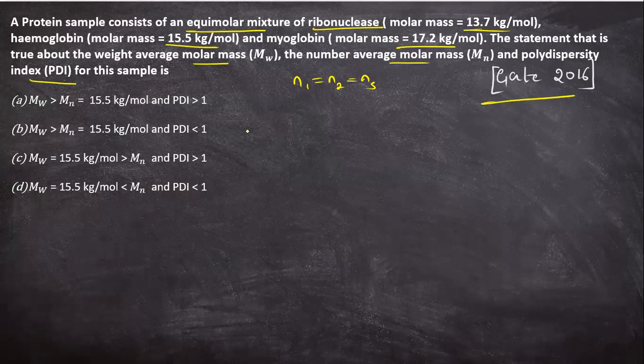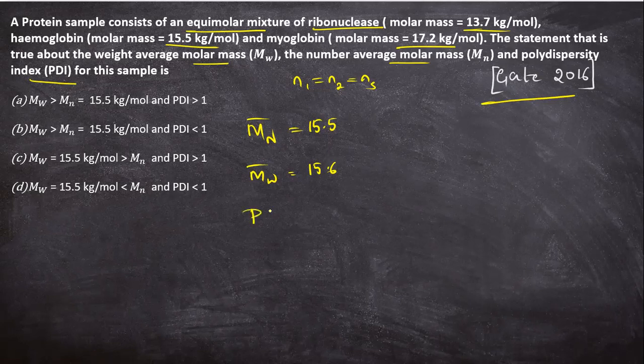As we have calculated there, the Mn value was 15.5. Just turn your pages and see what we had calculated. The Mn value was 15.5 and the Mw value was 15.6. They had asked which one is greater, and we said that Mw is greater than Mn.